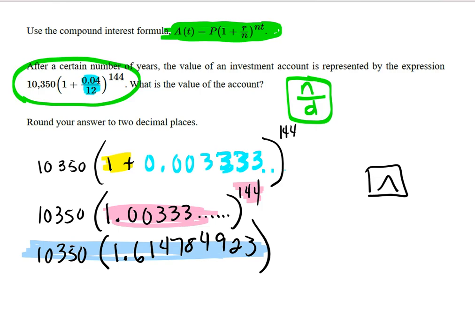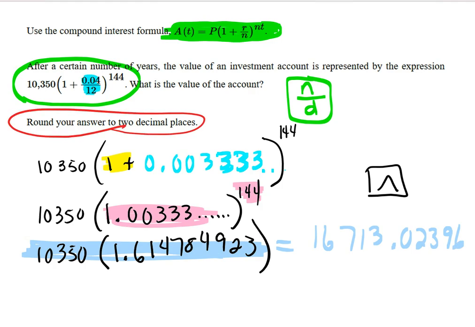So just hit times 10,350, and that comes out to be 16,713.02396. And this says round your answer to 2 decimal places.